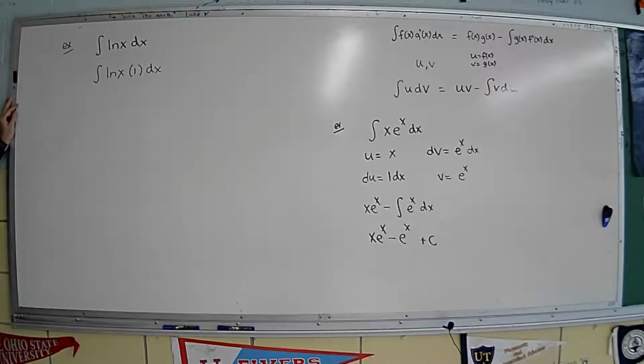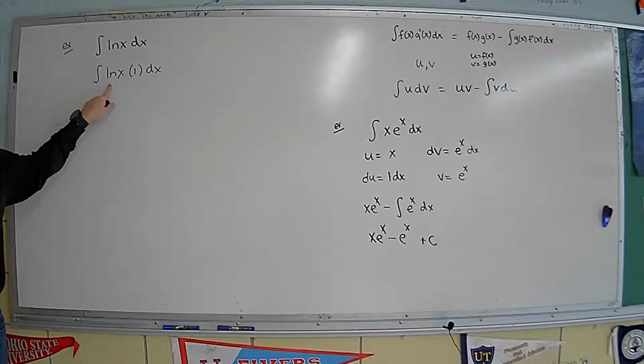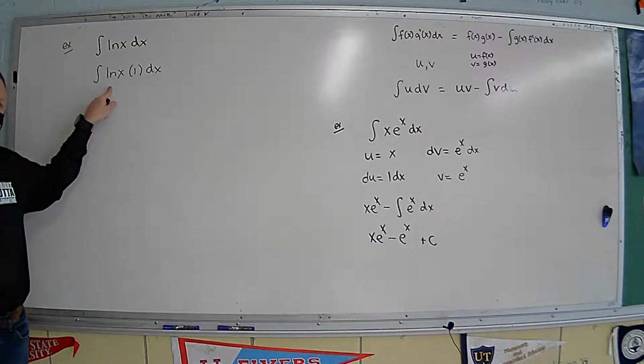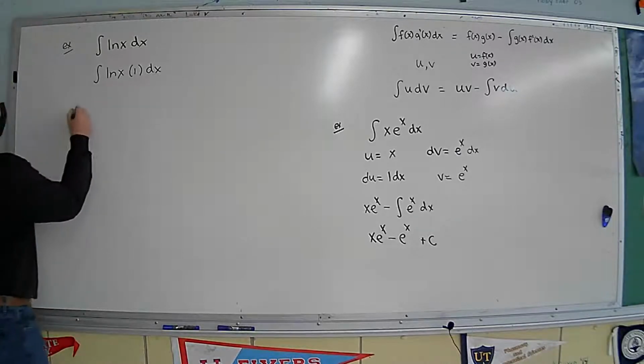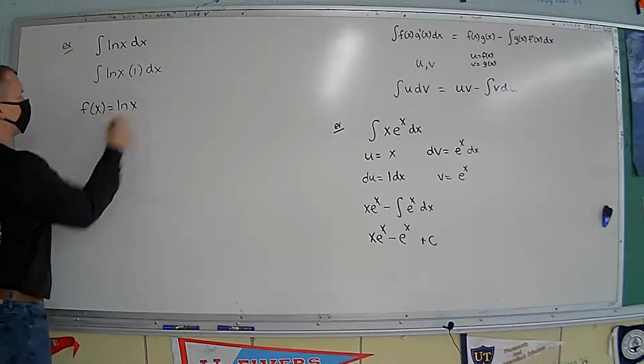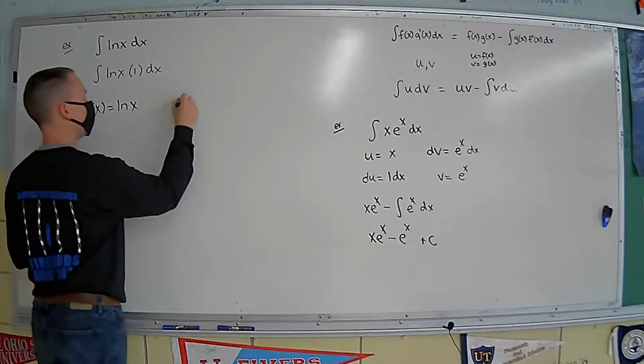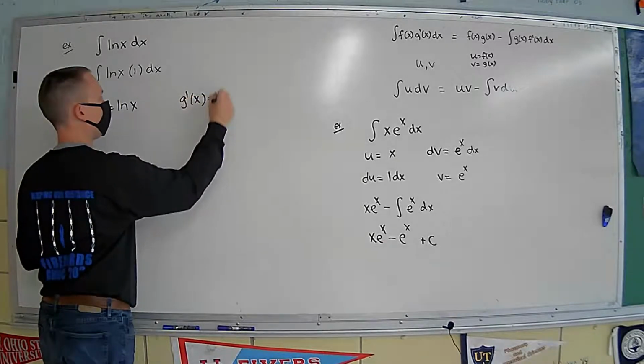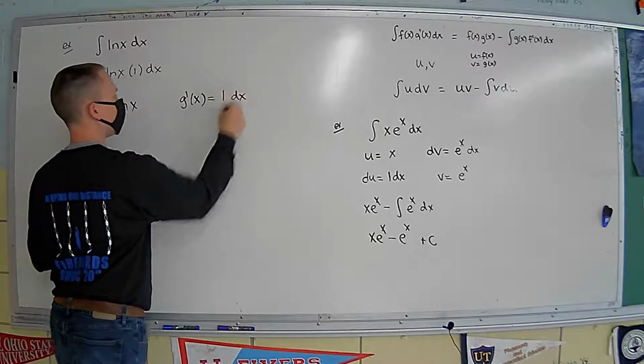Why? Well, if I made the 1 the f, I'd get 0, and I don't want that. And if I make natural log g prime, I have to anti-differentiate it. Well, that's the problem. I don't know the antiderivative of natural log, right? So f of x is going to be natural log of x, and g prime is going to be 1 dx.